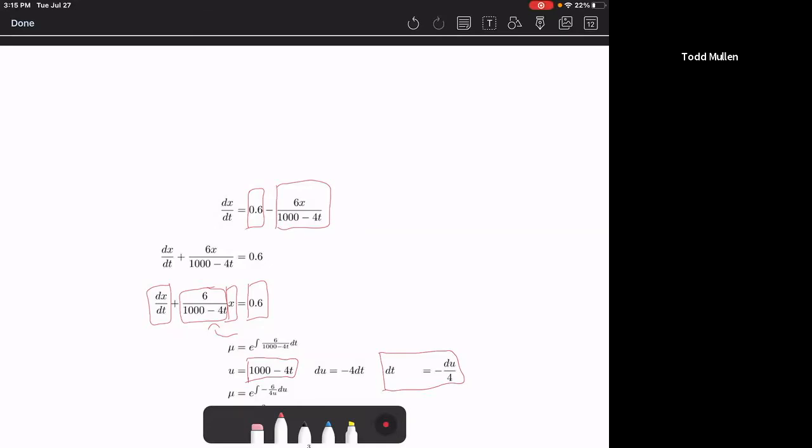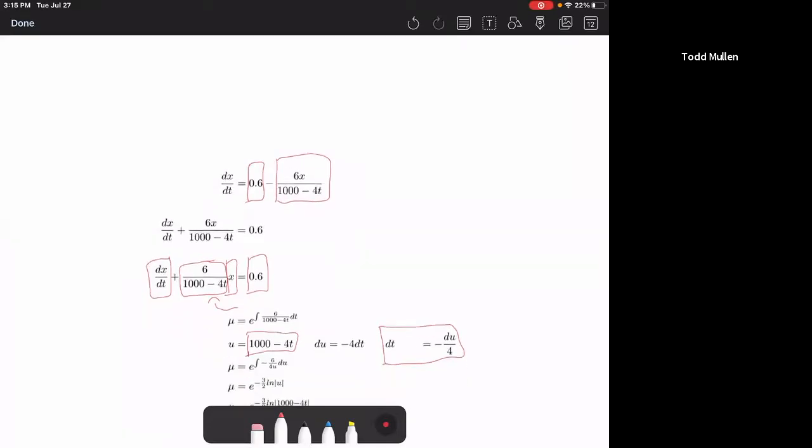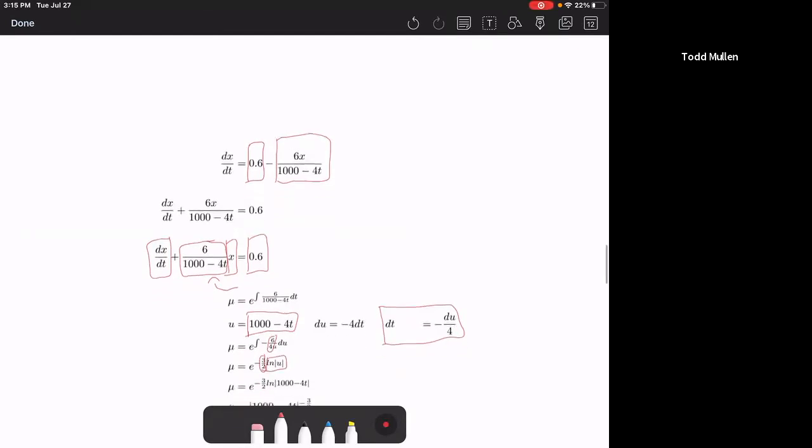So when we plug that in, we get this negative 6 over 4 that can come out front as a negative 3 over 2 once it's been simplified. But other than that, it's just e to the integral of negative 1 over u, which is negative ln u. We plug in what u is equal to, which is 1,000 minus 4t.